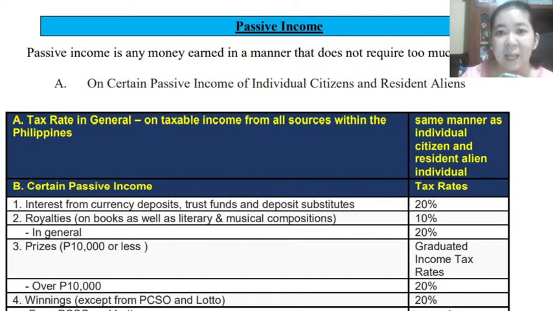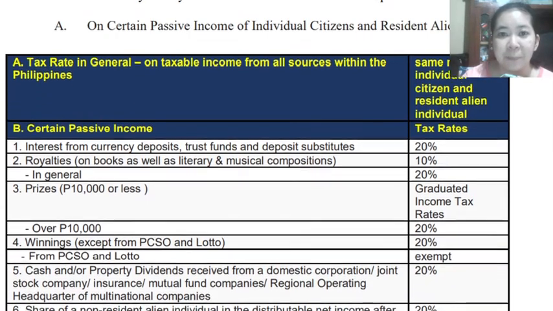As mentioned in our previous video lecture, for their compensation income and business income, they will be using the graduated tax table that we presented in the income tax discussion. But when it comes to our passive income, we have the following.